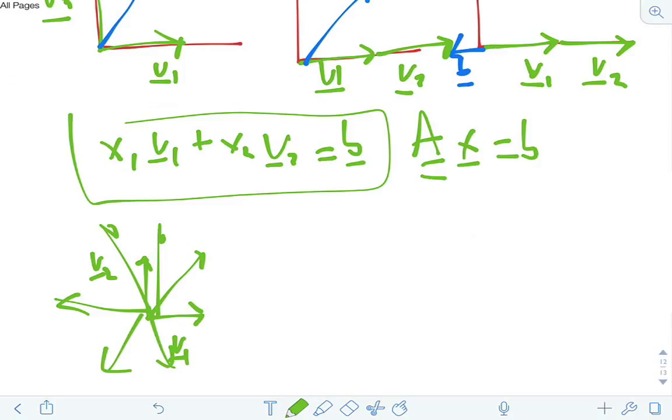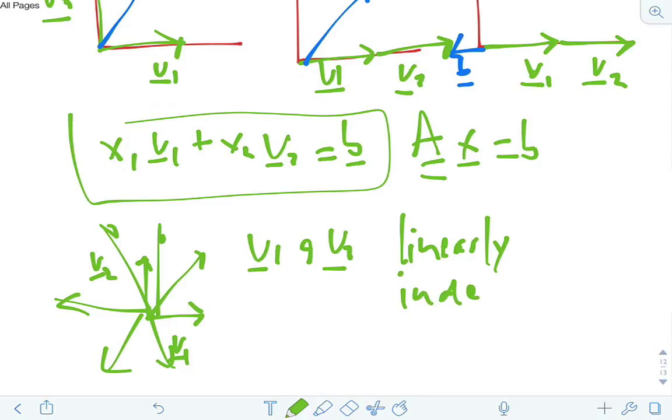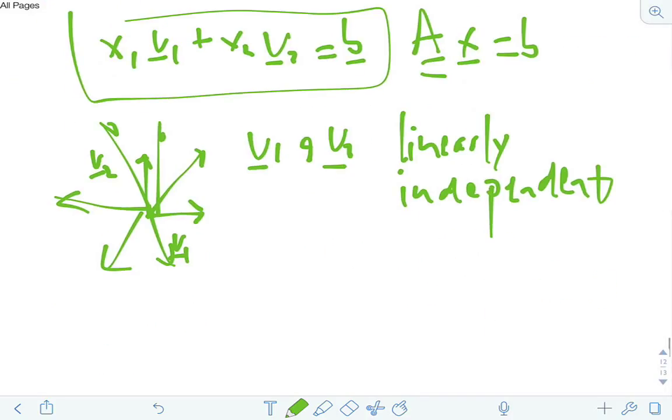We say that V1 and V2 are linearly independent. What that means is I can't make one from the other. I can't make a V2 from only a V1. And most importantly, maybe easier to understand, is that they span the space of 2.